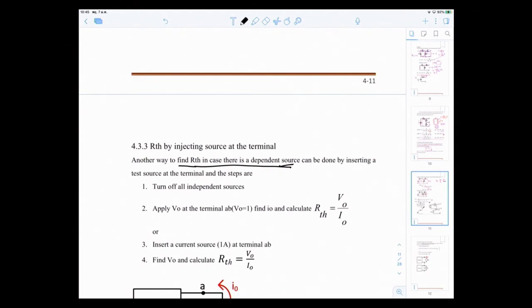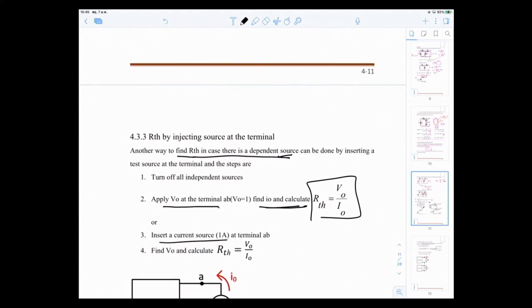So what we do is apply either a test voltage source V out at the terminal you want to find, find the current I going through there, and your RTH is this formula, V over I. Or you can insert a current source, whatever values you want, 1 amp, 2 amps, 3 amps, or V equal to 1 volt. I use 1 because it's easy to remember.